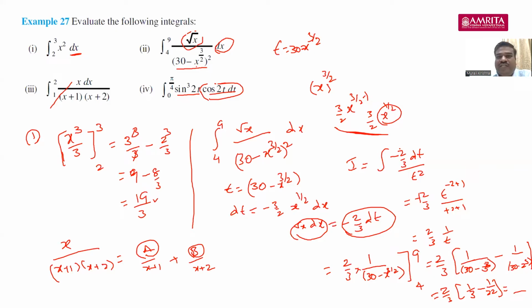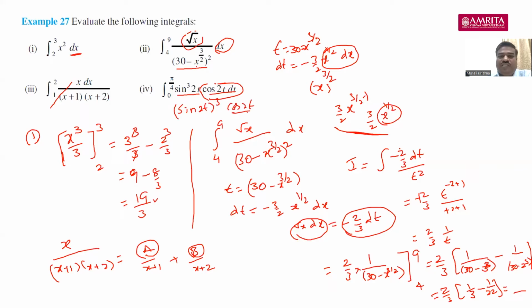So if you take it entirely, if you do the derivative, this term's constant derivative is 0. So dt is equal to negative times of what I wrote here, minus 3 by 2 times of x power 1 by 2 dx. So this x power 1 by 2 dx is a part of your numerator. Similarly, in this question, sine 2t whole cube, into cos 2t.